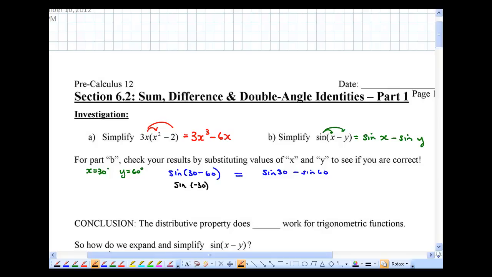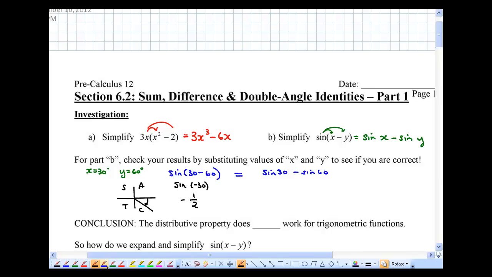If we were to figure out what that value is, remember our special angle tables. Here's 30 degrees, that's pi over 6 if you like radians. Sine of pi over 6 or 30 degrees, we get a half. Because this is in quadrant 4, all students take calculus, this must be negative half.